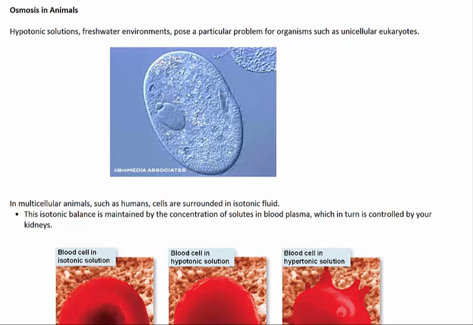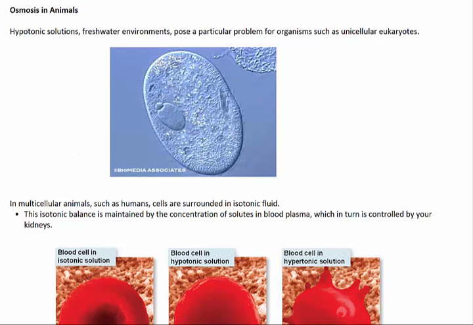Hypotonic solutions, like fresh water, pose a particular problem for organisms such as unicellular eukaryotes, because their cells are only surrounded by a cell membrane. Remember that in a hypotonic solution, water molecules diffuse through the membrane into cells. This can cause cells to swell and even burst, killing the organism.